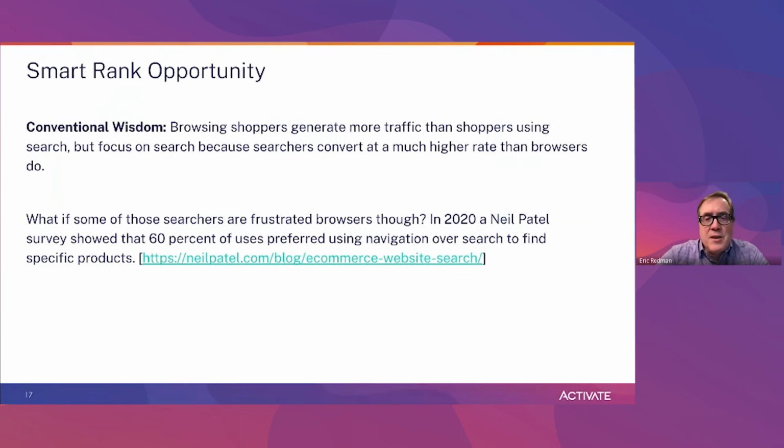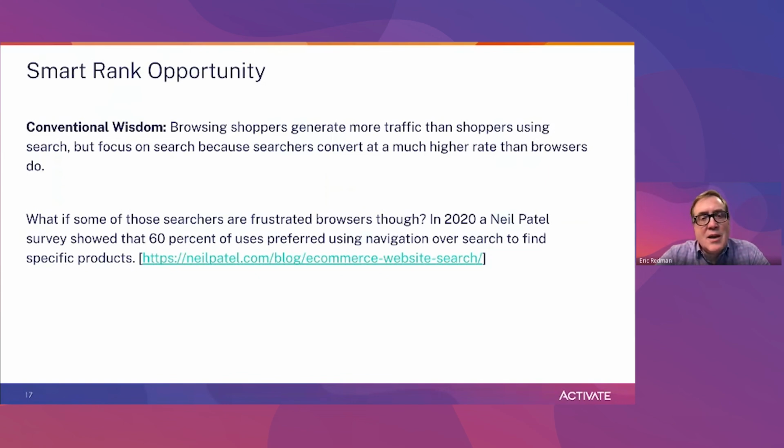And we can find a number of surveys and research about this issue, including one in 2020 from Neil Patel that showed that 60% of users actually prefer navigation over search to find what they're looking for. But it can just be a frustrating experience because you don't find the navigation aids to get to what you're looking for very easily.